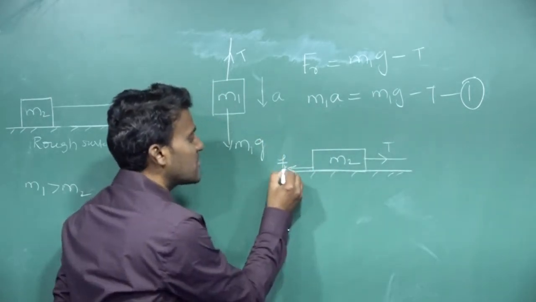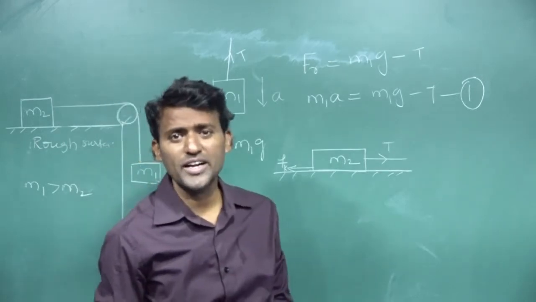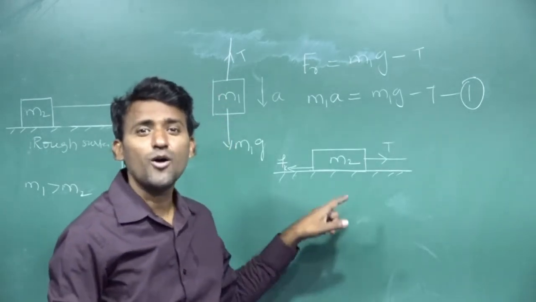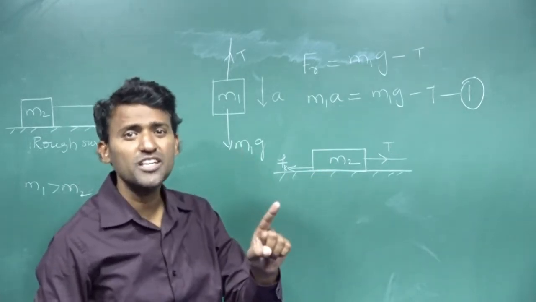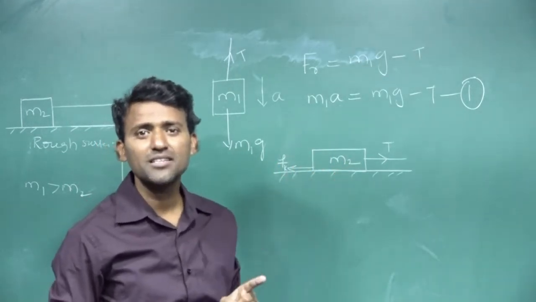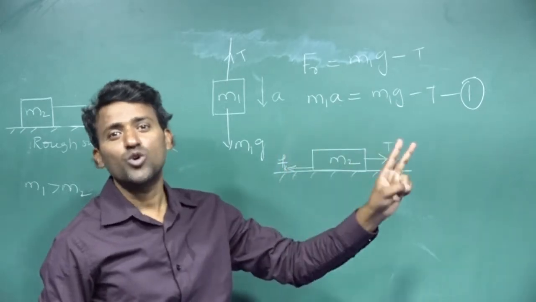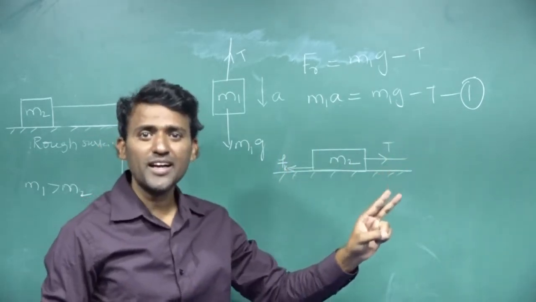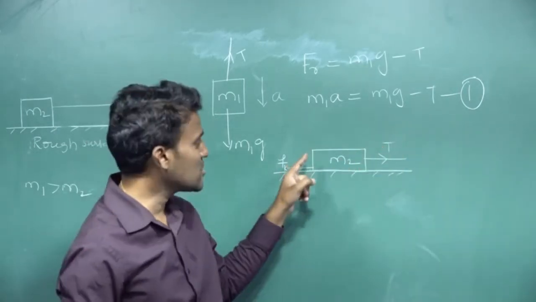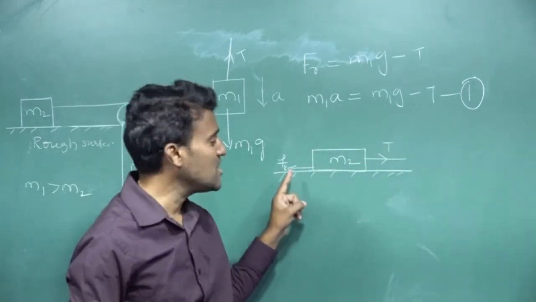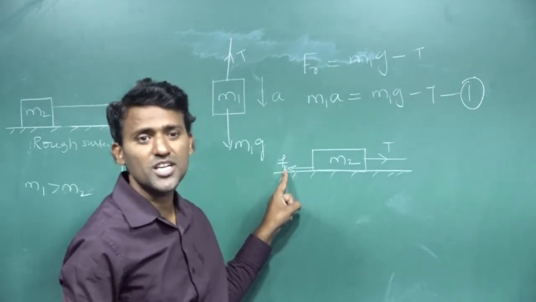So we have to write kinetic frictional force, because the object is already in motion. When the object is at rest, static frictional force will act. When the object is in motion, kinetic frictional force will act. When the object is rolling, rolling frictional force will act. See here, the object is in motion, so the opposing force is the kinetic frictional force.